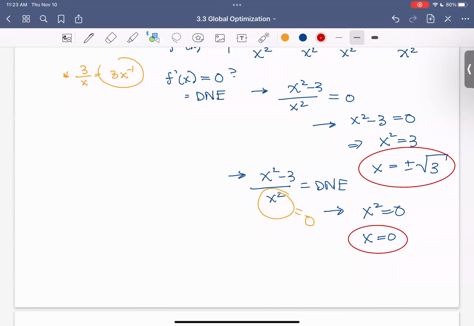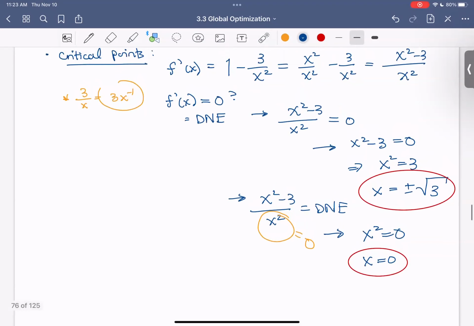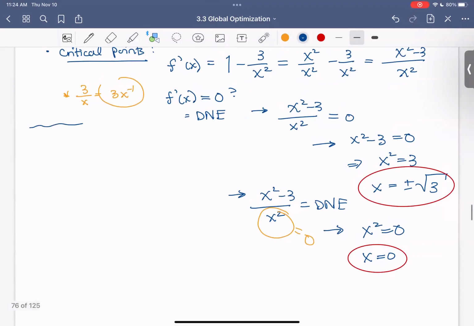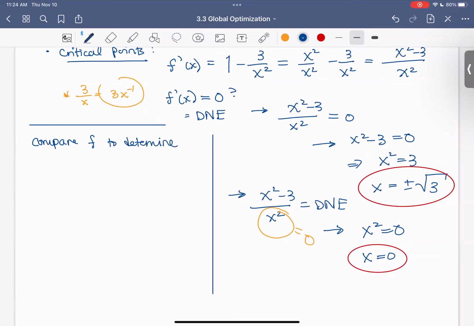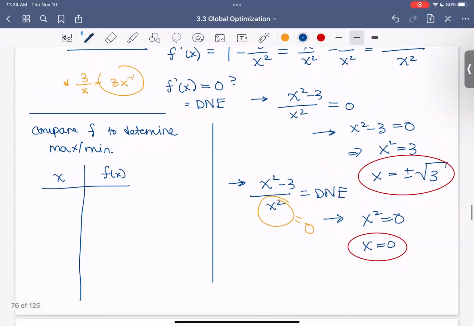So let's test the outputs of our critical values with our endpoints to see which value is larger. Now we're going to compare f outputs to determine the largest, or the max, and the min. I'm going to put my x values here and my f of x values here, so we can create a nice table to compare those outputs.